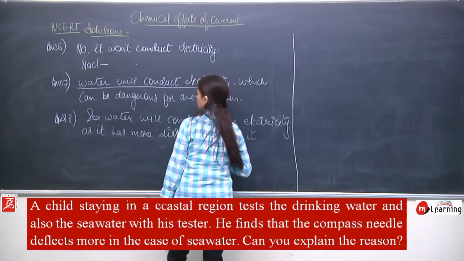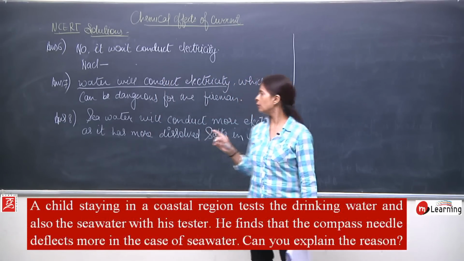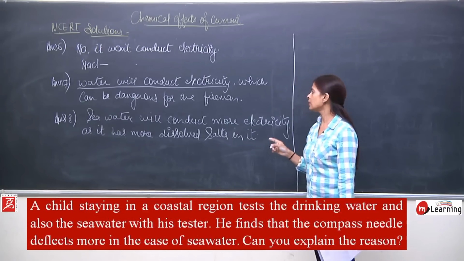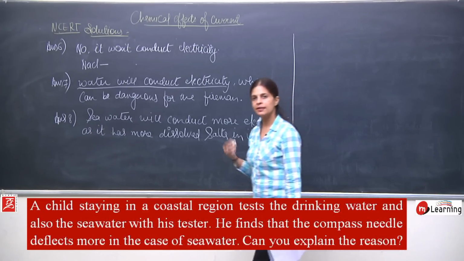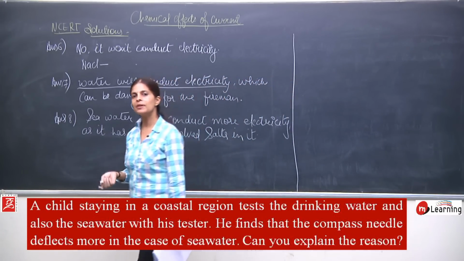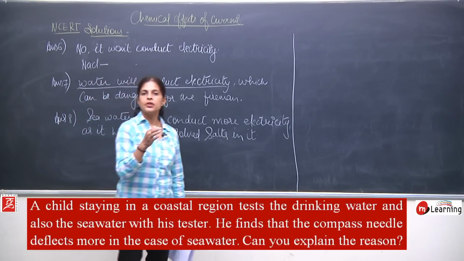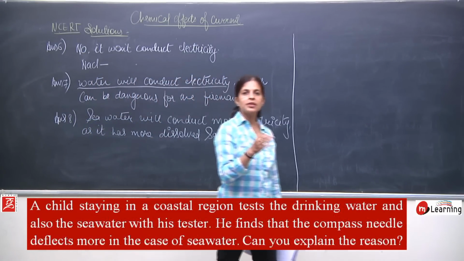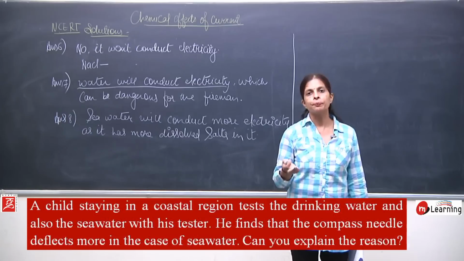Now again here also, what is happening? Seawater will conduct more electricity because obviously more dissolved salt will be there in that. And we know, if we want the current to flow, what has to be there?